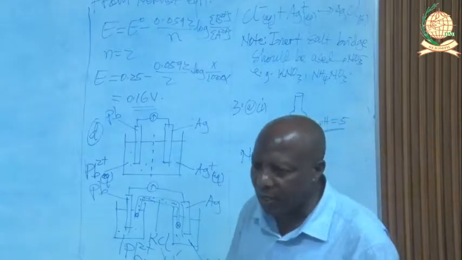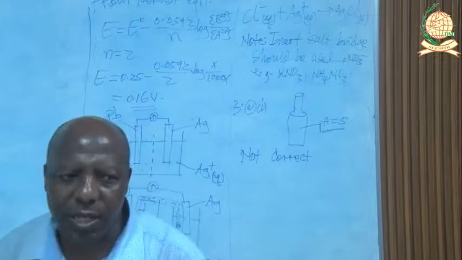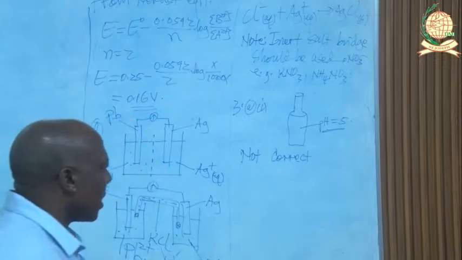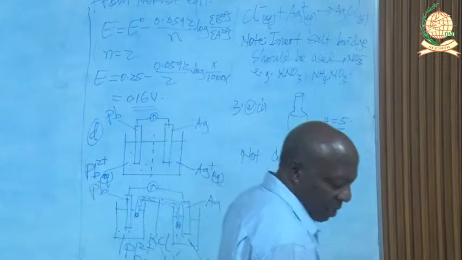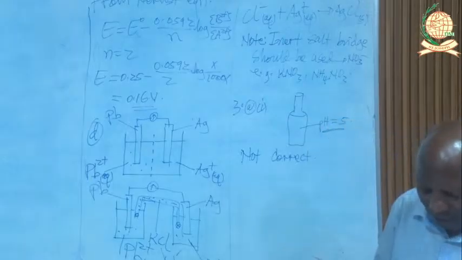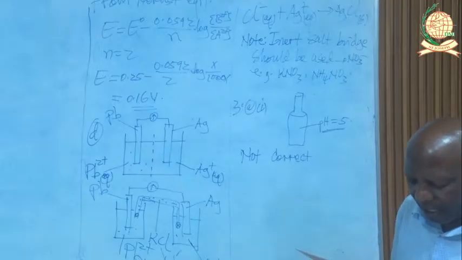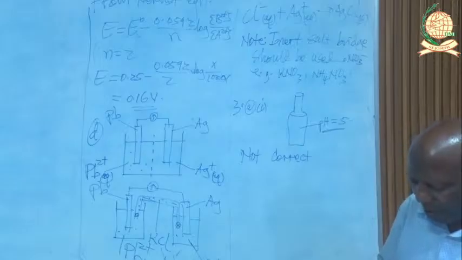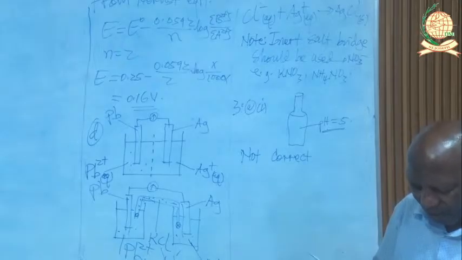The answer is endothermic. That is why when it absorbs the heat, then it dissociates more, and its Kw value increases. For example, at 338 it is 2.92 times 10 power negative 14, while at room temperature, which is 298 Kelvin, it is 1 times 10 power negative 14.